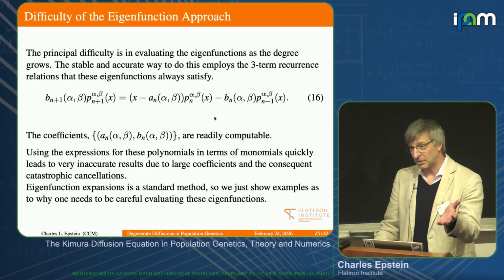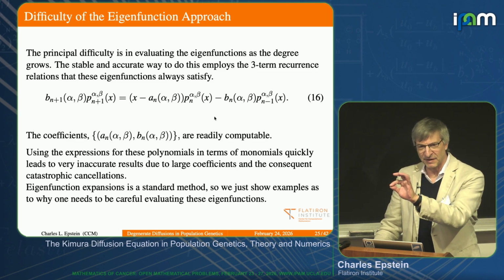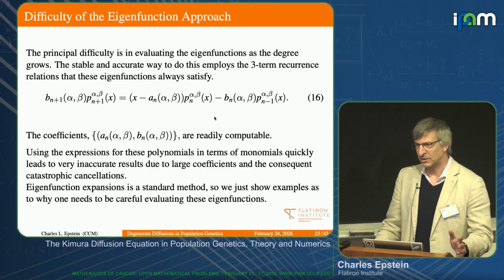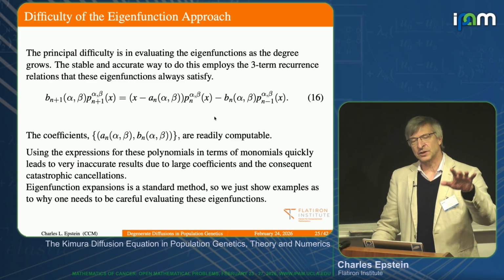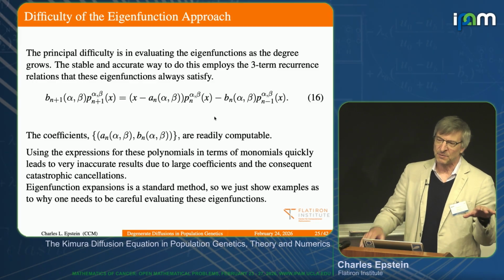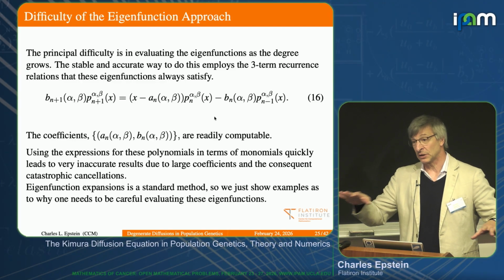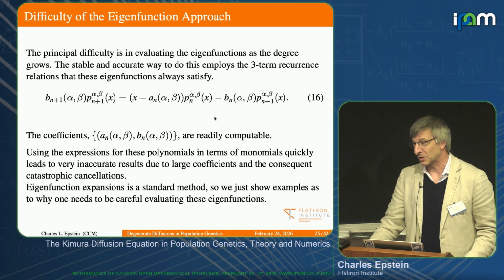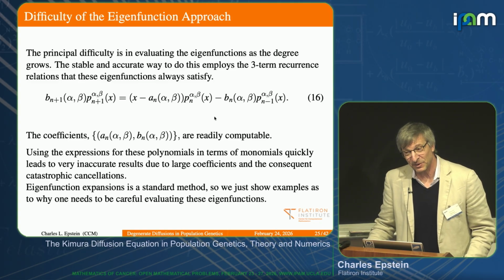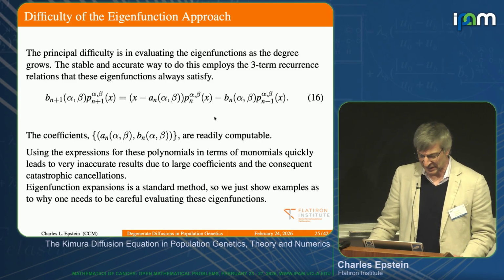That is to say, they wrote down the polynomial as the sum of coefficients times x to the n, and then they plugged in values of x. And the problem is, when you do that with these kinds of polynomials, the coefficients start to grow extremely fast. They grow exponentially fast. And then what you end up with is sums of terms of different signs that are extremely large. So when you do these calculations in floating point arithmetic, you run out of digits. And when you try to compute polynomials this way, you just get garbage after a fairly small number n.